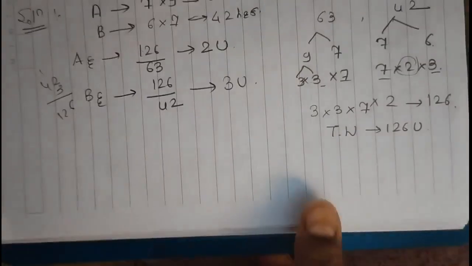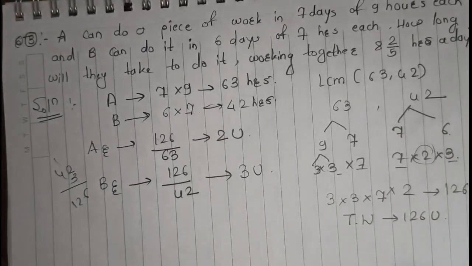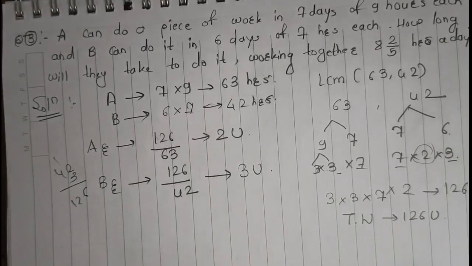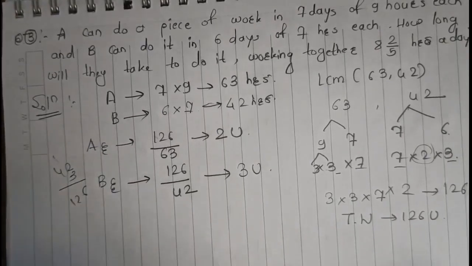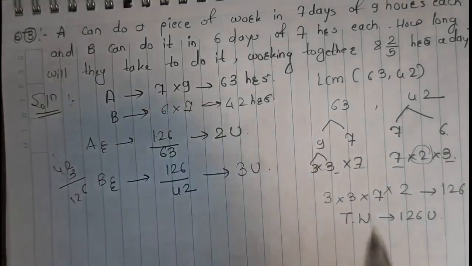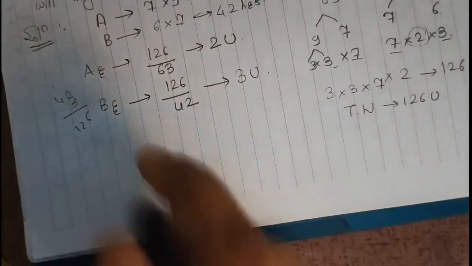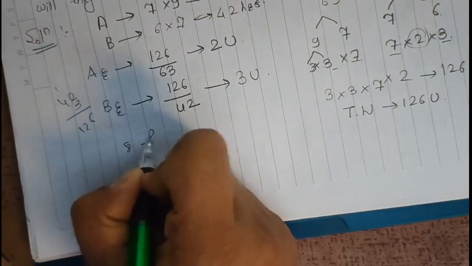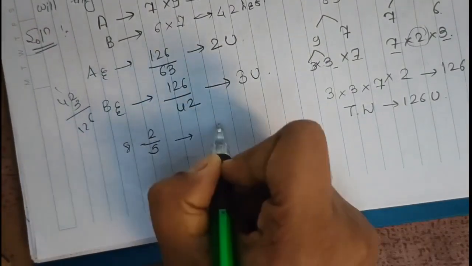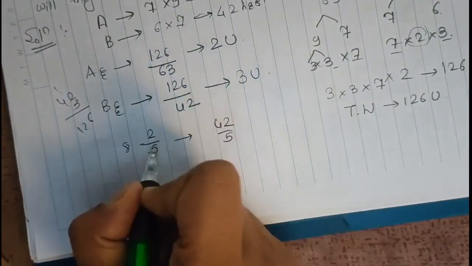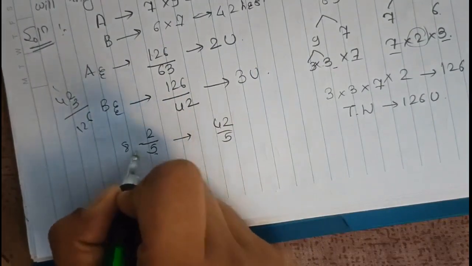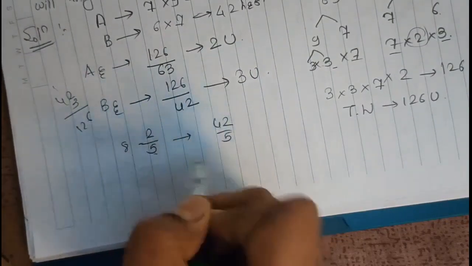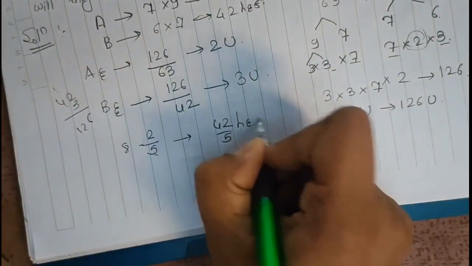Now we need to find out how many days will be required. How long will they take means how many days are required. If they are working 8 into 2 by 5 hours, which means 8 into 2 by 5 means what? It is 42 by 5, 8 into 5 is 40 plus 2, 42 by 5 hours a day.